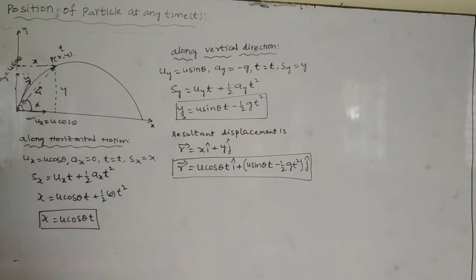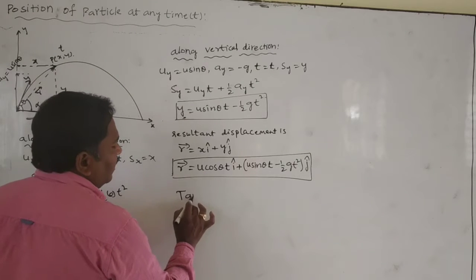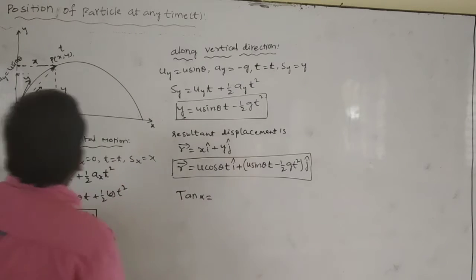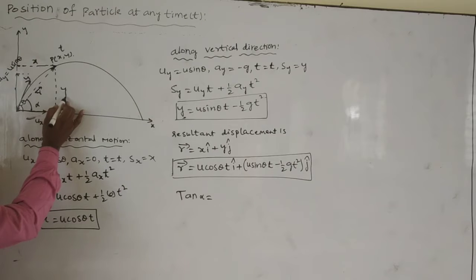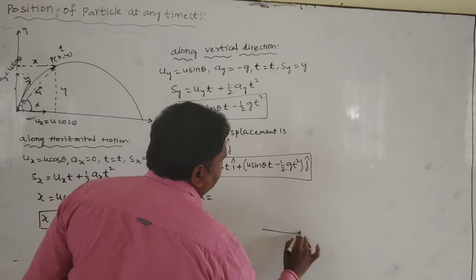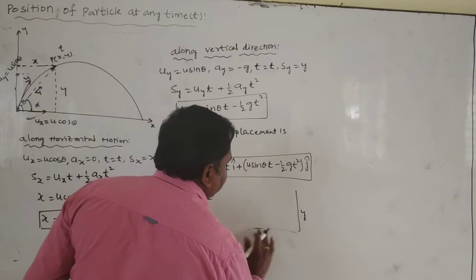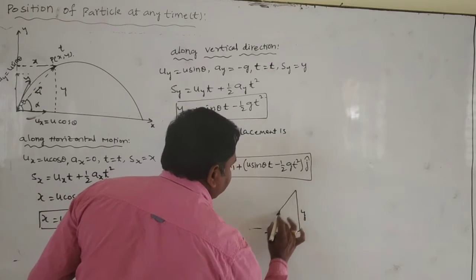Now this position vector makes an angle alpha with the x-axis, the horizontal. Then we can write tan alpha equal to y by x, because the distance traveled along the y direction is y and along the x direction is x.